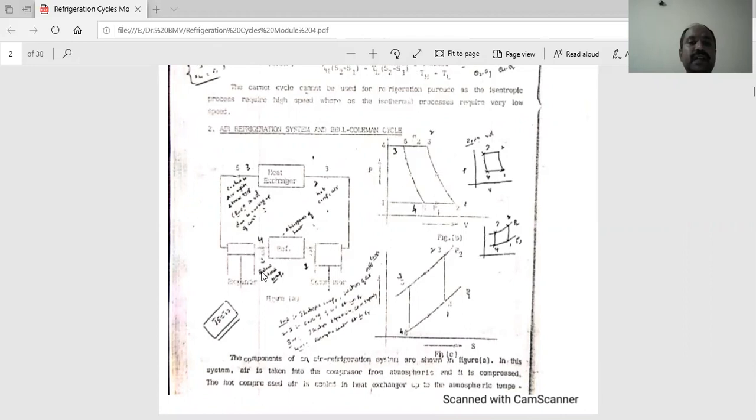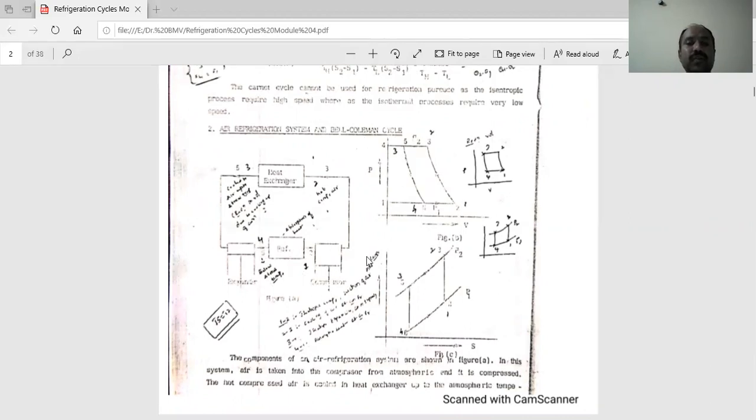Then 3 to 4 is the expansion process, where the pressure and temperature are reduced. This is then passed to the refrigeration system, where heat absorption takes place and produces a cooling effect. This is the working principle behind the air refrigeration system, also called the Bell Coleman cycle.